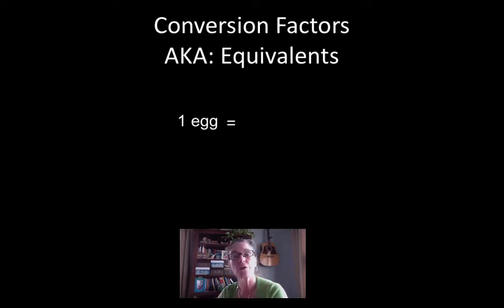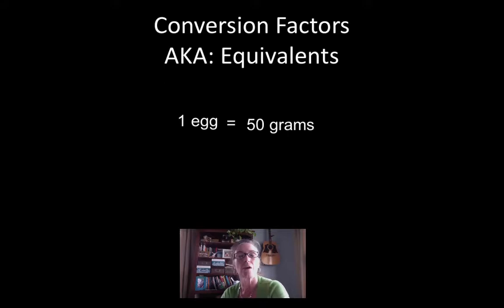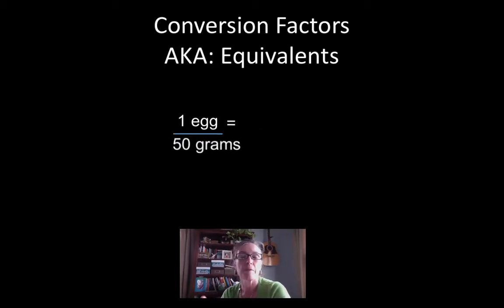So how do I go about changing the units or dimensions of a certain amount of anything? Well, I'm going to use equivalences, or what we're going to be calling from now on conversion factors. So with eggs, I can say that 1 egg is equal to 50 grams. This is an equivalence. I can turn it into a ratio because these two numbers are equal, and any number over itself, or its equivalent, is equal to 1.